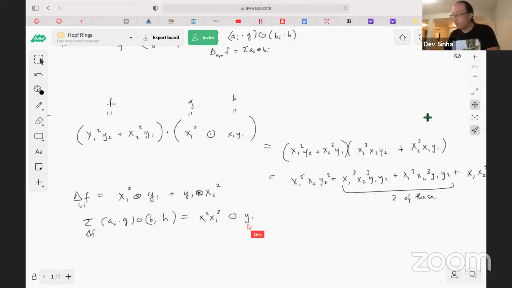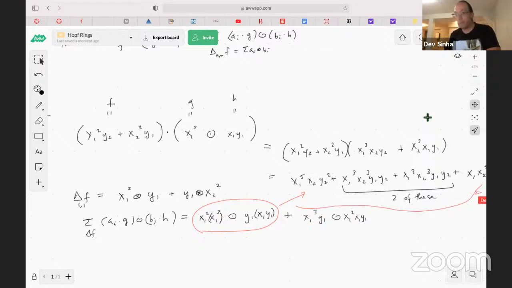Induction y1 x1 y1. And then the next term in the coproduct gives us x1 cubed y1, induction product x1 squared x1 y1. And what we see is that the induction product of these pretty quickly leads to this term and its symmetric partner, which is off the screen right now.